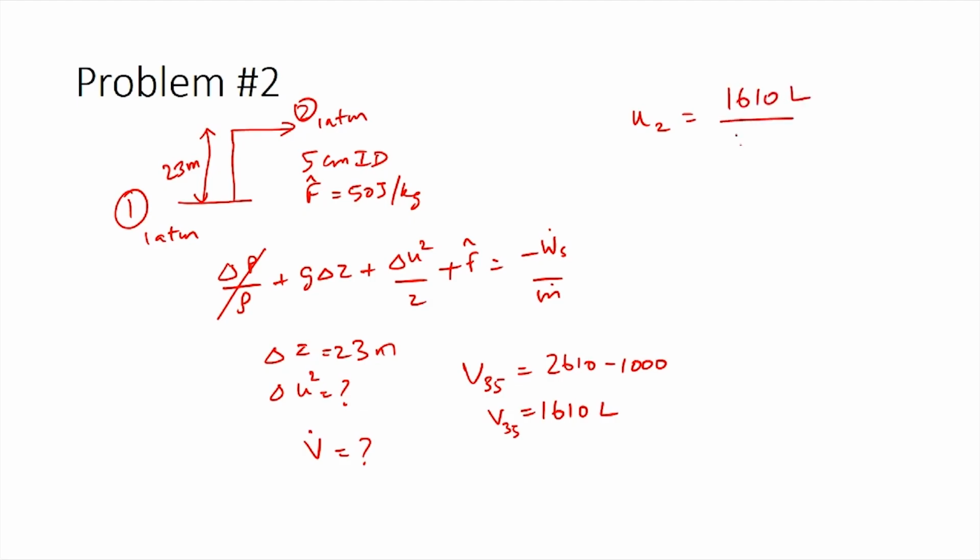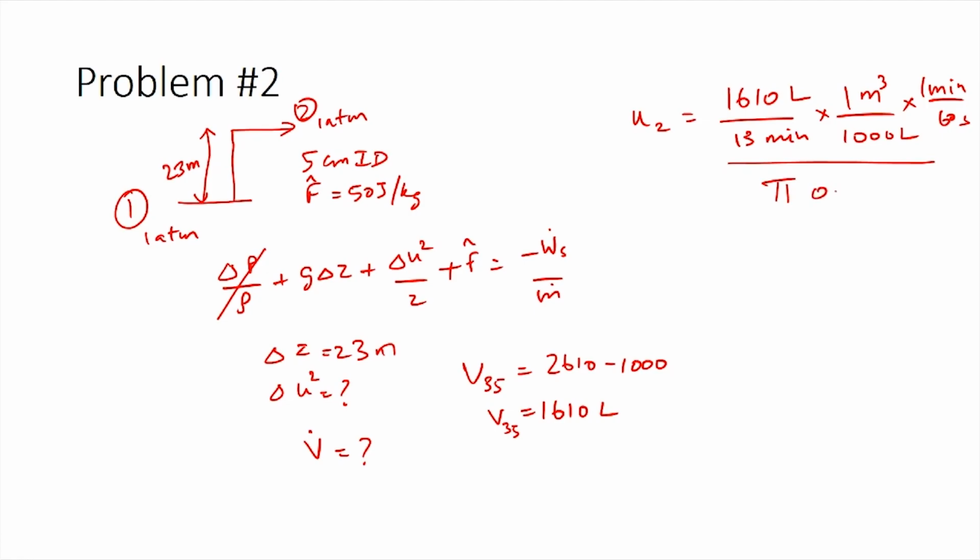1610 liters divided by 13 minutes times 1 meter cube per 1000 liters, just for converting them to meters, and the minutes can be converted to seconds as 1 minute contains 60 seconds. So, this now gives you the volumetric flow rate in terms of meter cubes per second, and this can be divided by the cross sectional area, which would be πr².